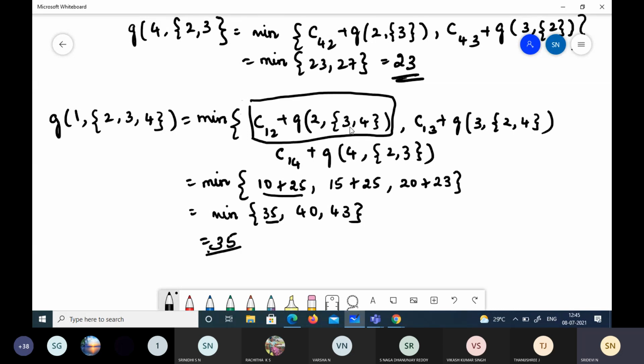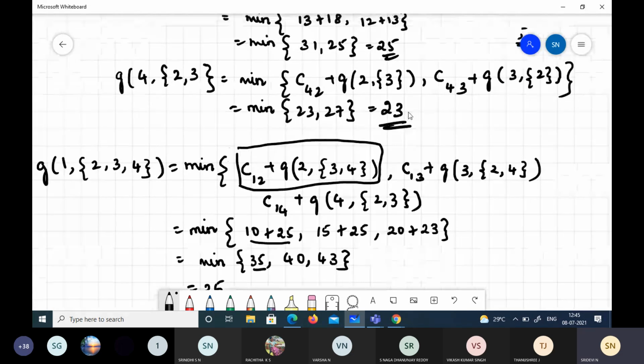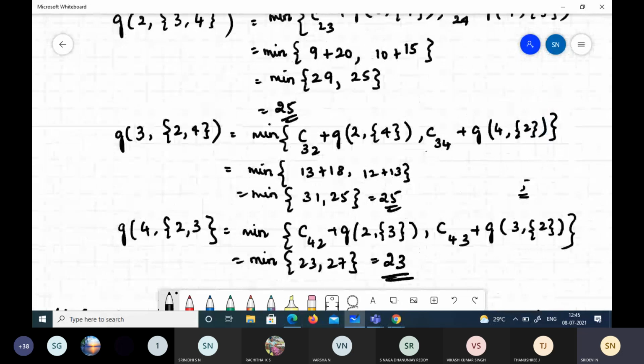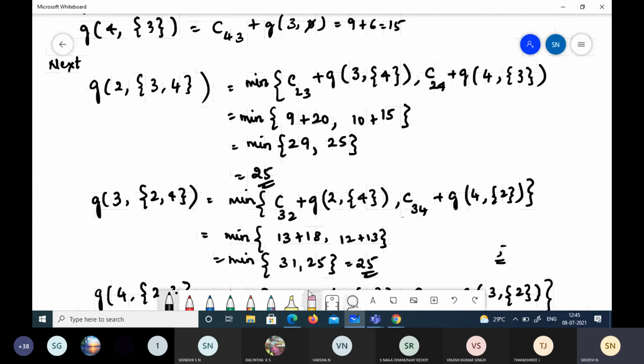Okay, so we have the next edge as 2 to 4. If we will take the graph from 2, it goes to 4. The remaining tour is G of 2, 3, 4.